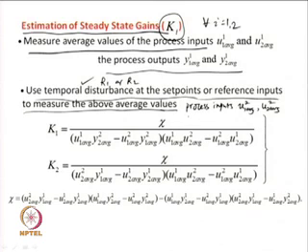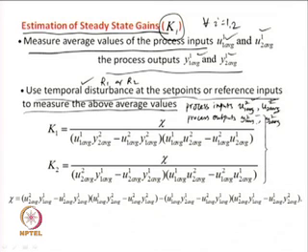Similarly, the process outputs Y1 average 2 and Y2 average 2. So, this is how I obtain 8 measurements.